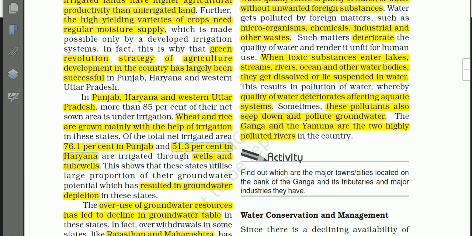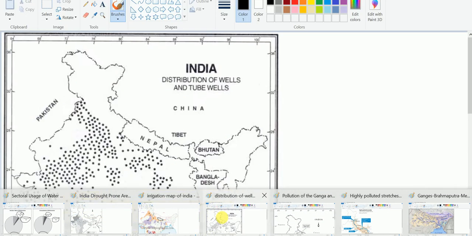The shaded areas, whether yellow or purple, are all areas irrigated by canals. And you'll find that Punjab, Haryana, and the western Uttar Pradesh part are irrigated mainly by canals. Likewise, let us examine another map here.